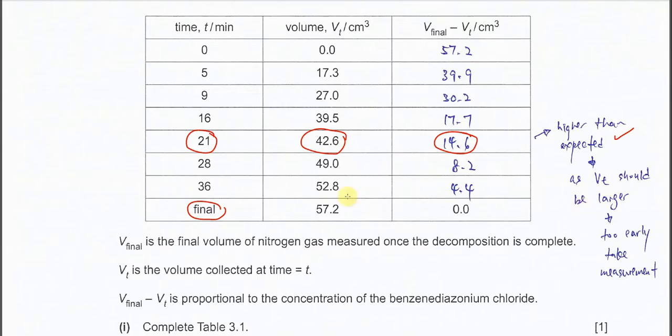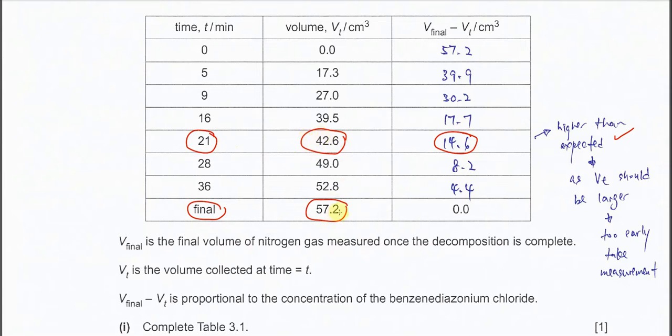When Vt is larger, 57.2 minus a larger volume gives you a smaller value. This value should actually be smaller, expected to be smaller than 14.6. Because it was measured earlier than 21 minutes, the volume here is actually lesser.